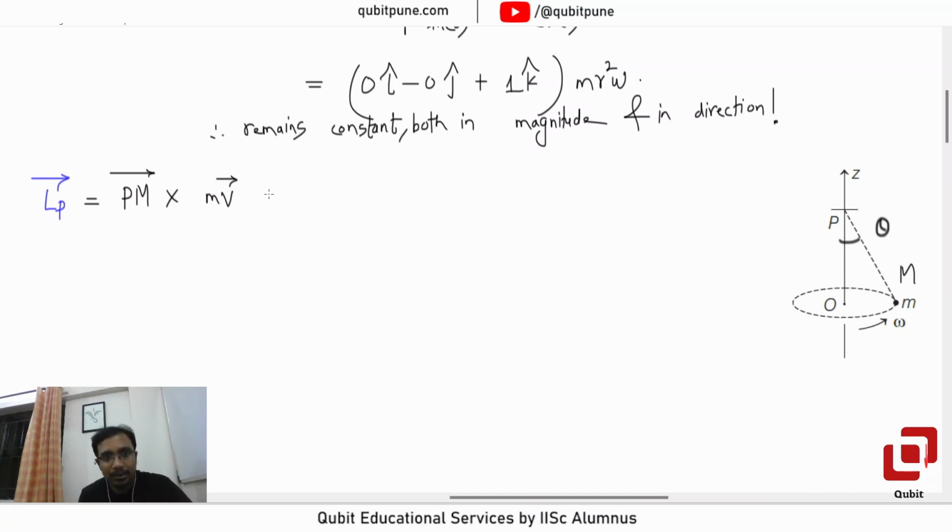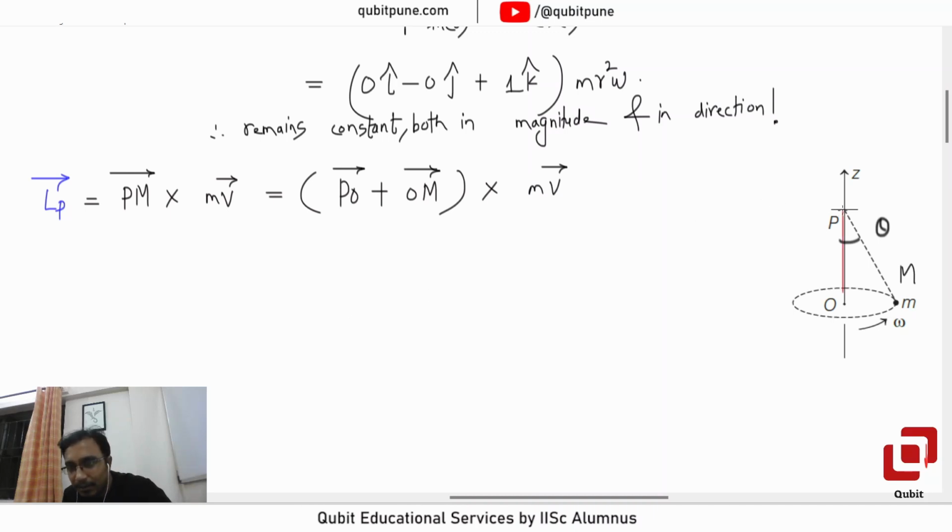Now can I write PM bar as PO bar plus OM bar, by triangle law of vector addition. This is PO bar, this is OM bar, and that is PM bar by triangle law.